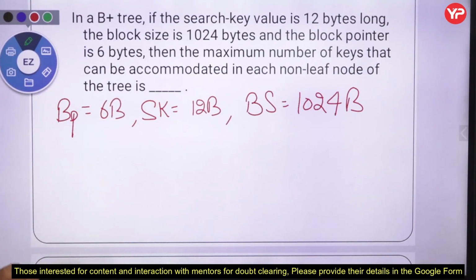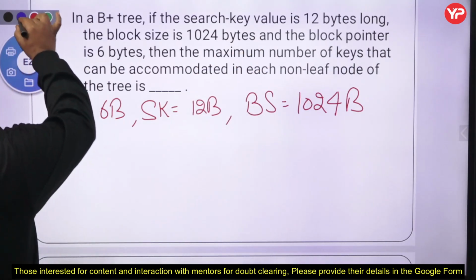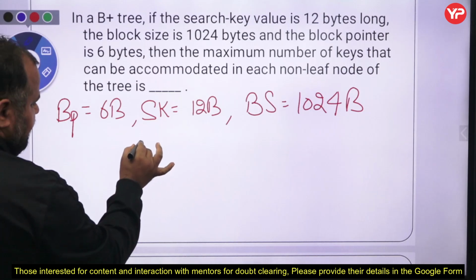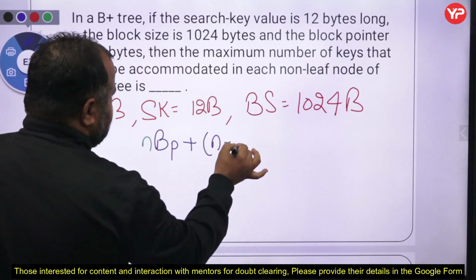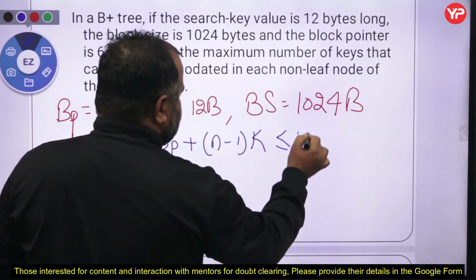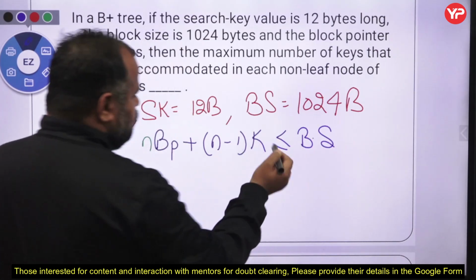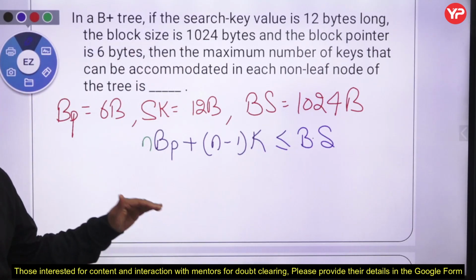Now, the maximum number of keys that can be accommodated in each non-leaf node: in a B plus tree, if we have n block pointers, then n minus 1 keys, which should be less than or equal to the block size, because there is no record pointer in the internal node. We have record pointers only on the leaf nodes.